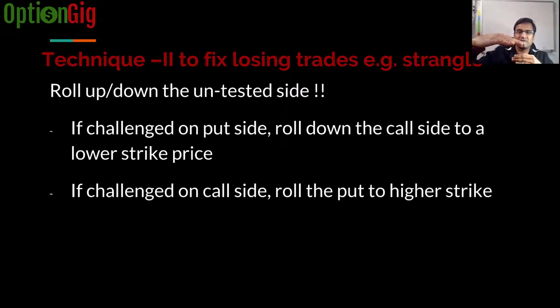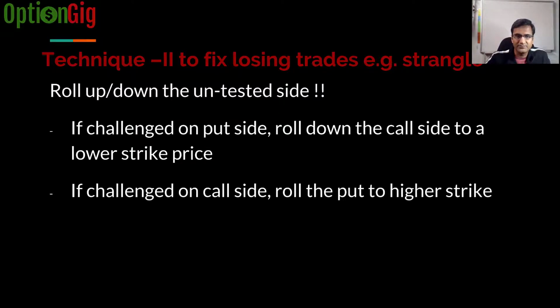If the stock rises and starts to challenge your call, in that case you should roll your put up, because the put is the untested, unchallenged side. That is another technique for managing a losing trade. Again, we'll see some examples of it in the next slide.